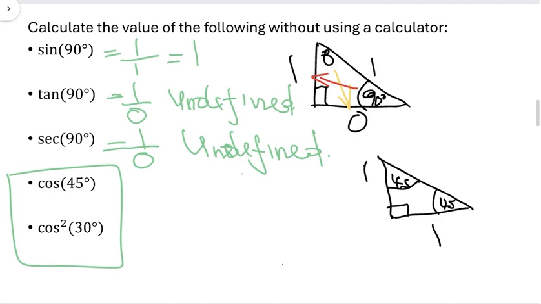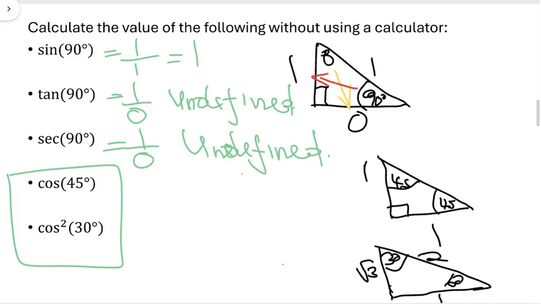And then the other one is the one with 30 and 60. So there's 60 here, there's 30, then next to 30 degrees is square root 3. Remember the 3 to 1, then there's a 2, then there is a 1. So we can then use these two.